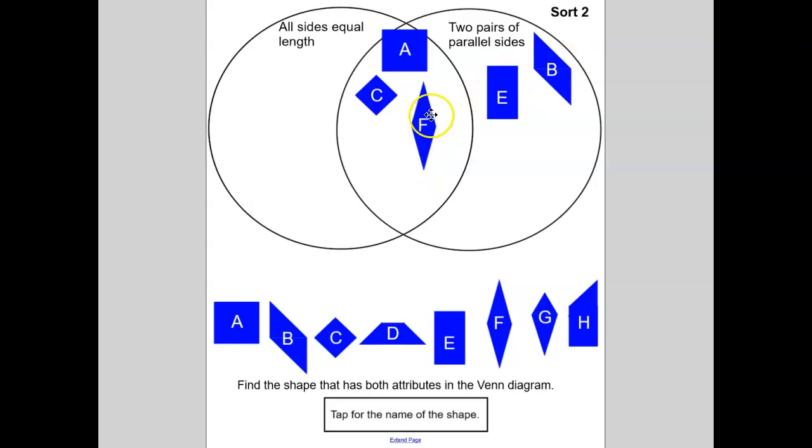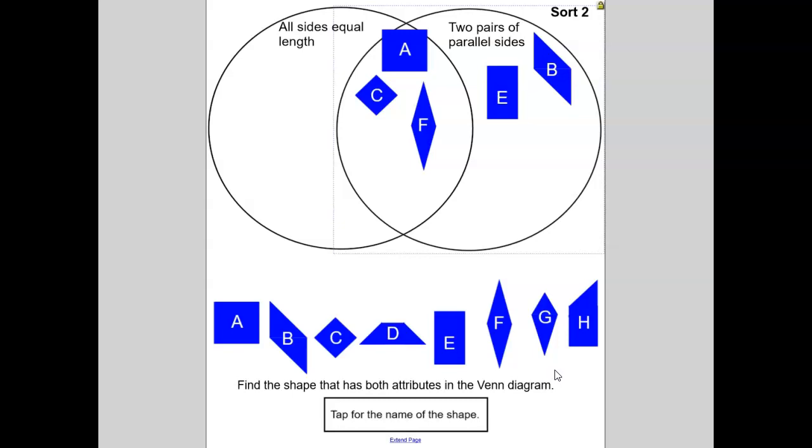And F also does have two pairs of parallel sides. Wonderful job. You guys sort G and H for me. You're exactly right. G and H do not belong on the Venn diagram at all because they don't have all of the sides that are the same length as an attribute, and neither of them have two pairs of parallel sides. Wonderful job.